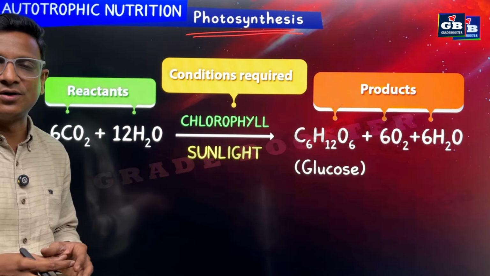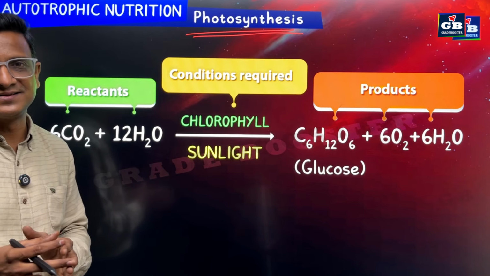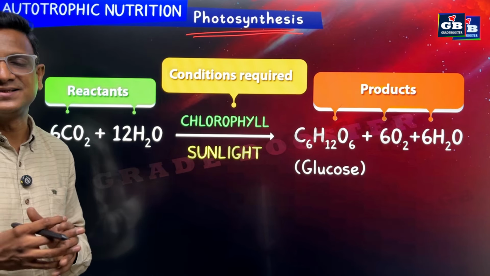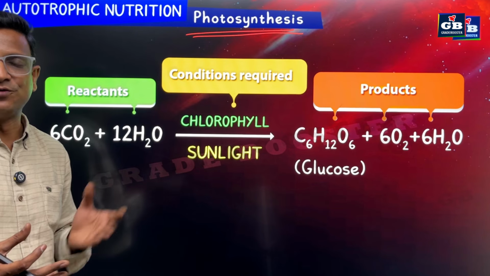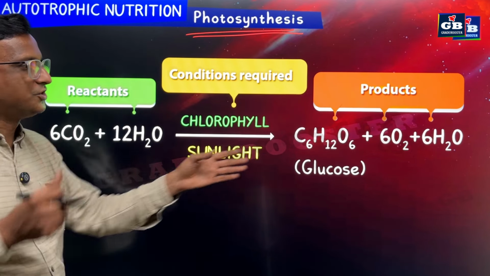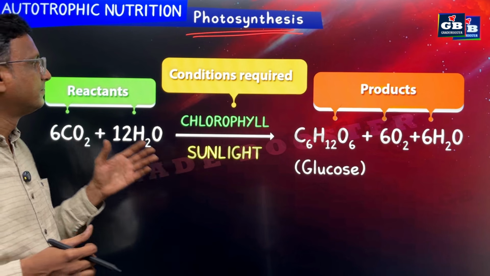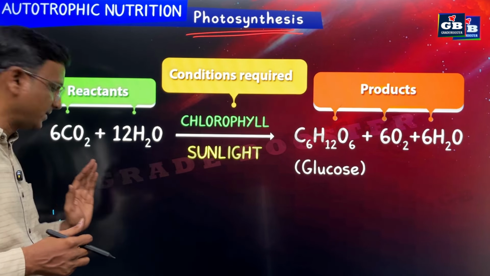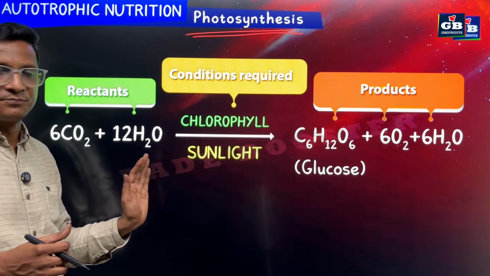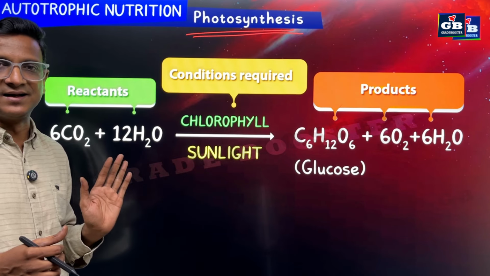Photo means light, synthesis means preparation. So photosynthesis is the process of preparation of glucose using simple materials like carbon dioxide and water with the help of chlorophyll and sunlight.